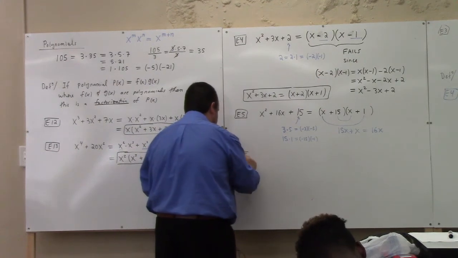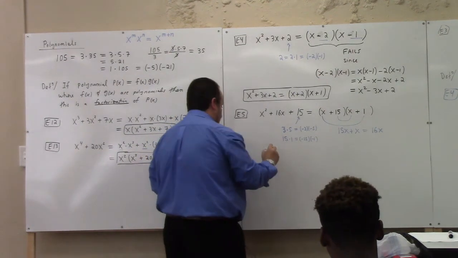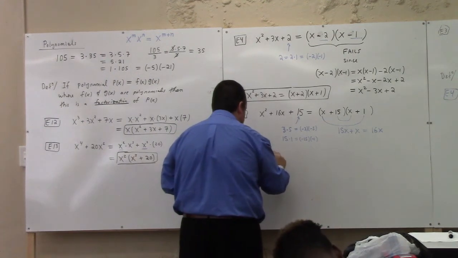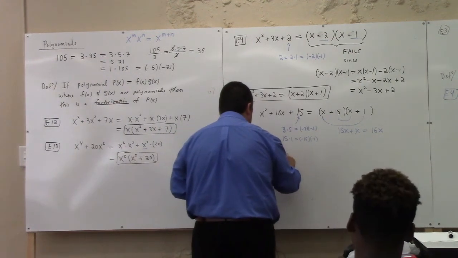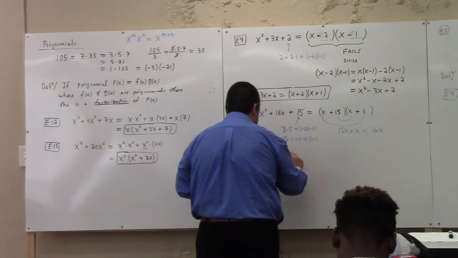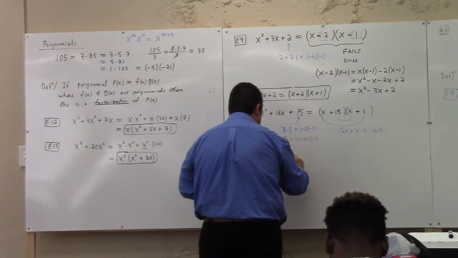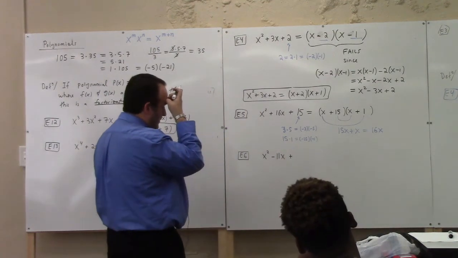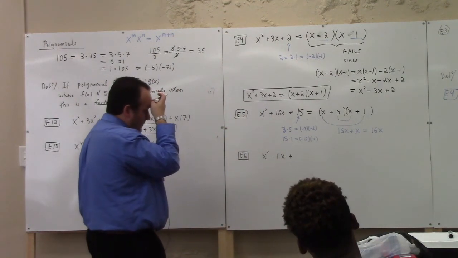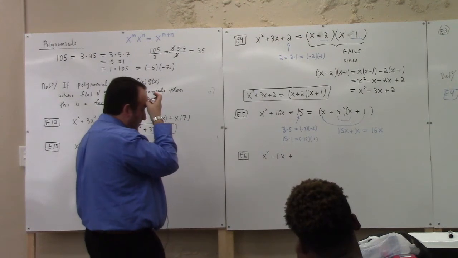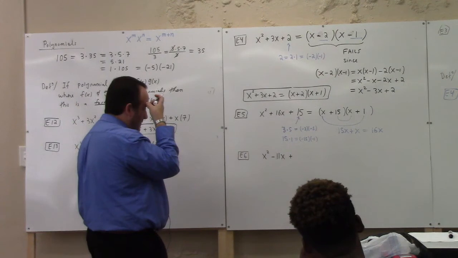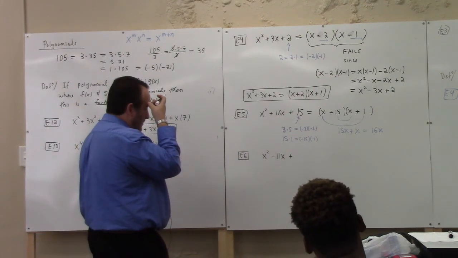Example 6. Let's see here. x squared minus 11x plus 30.